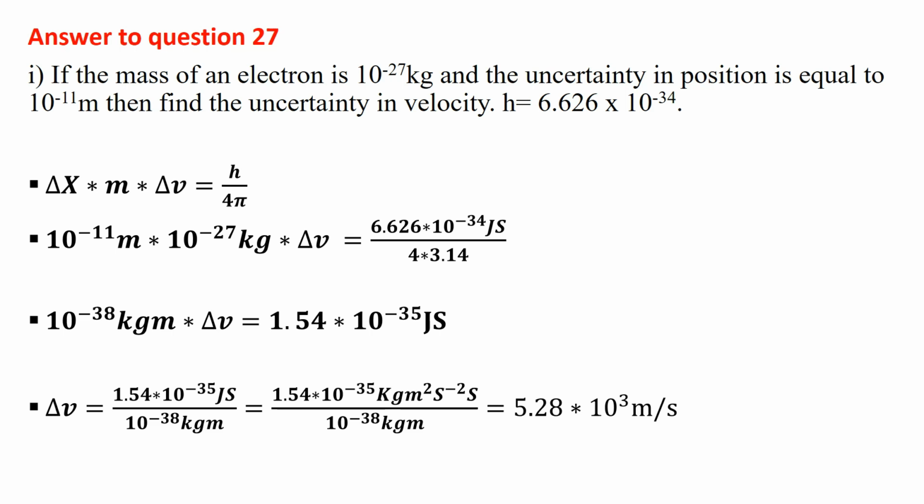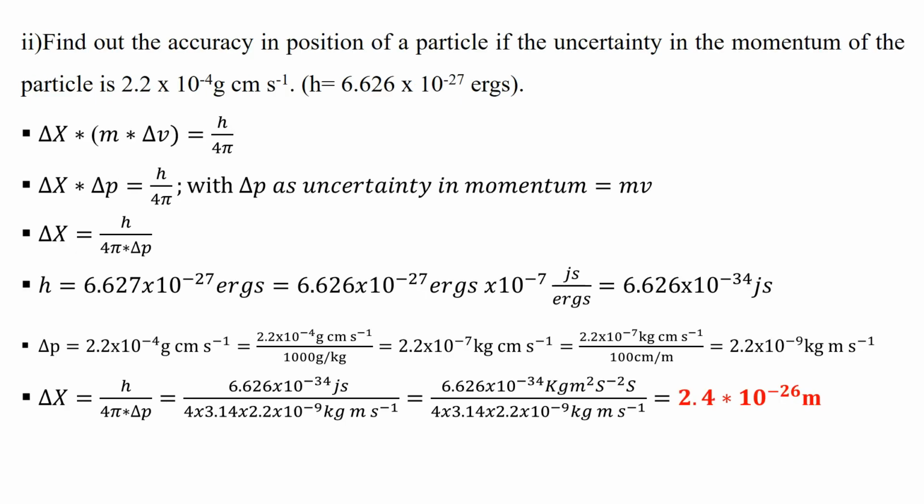Then they're asking for the uncertainty in the velocity, so we replace and find delta v. The uncertainty in position was given as 10 negative 11 meter. Then we arrange the terms and we get the uncertainty in velocity, which is equal to 5.28 times 10 power 3 meter per second.